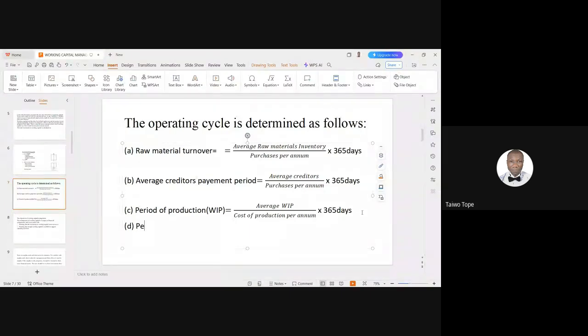Let's have it as finished goods. What will be our formula based on what we've been solving above?